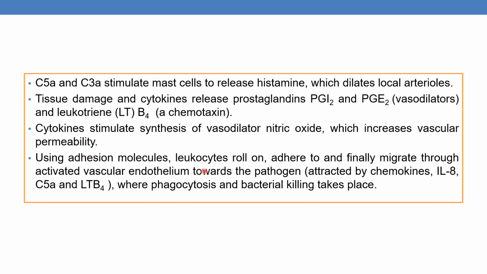Finally, using adhesion molecules, leukocytes roll on, adhere to, and migrate through the activated vascular endothelium towards the pathogens, attracted by chemokines, interleukin-8, C5a and leukotriene B4, where phagocytosis and bacterial killing take place. This is the overall mechanism of the innate response.